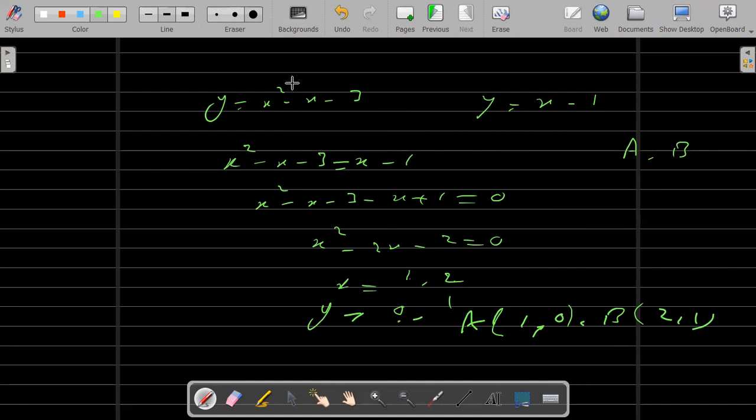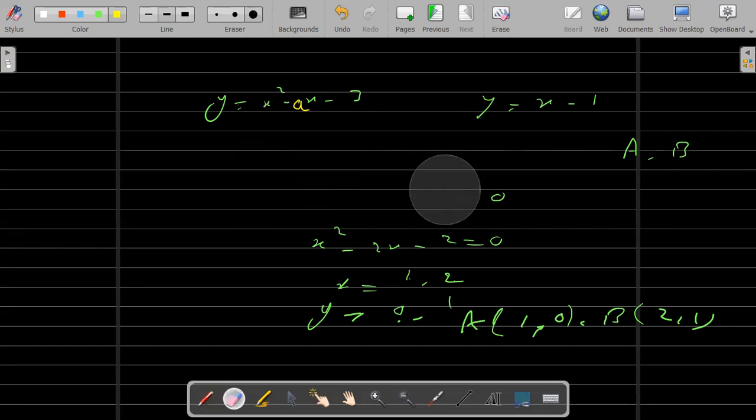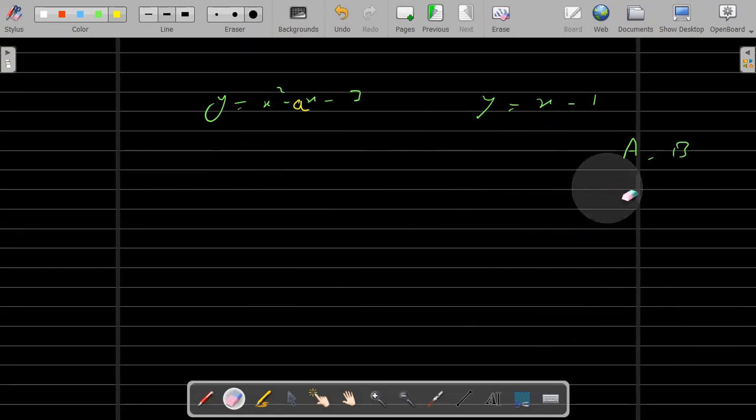Okay, sometimes, let's say I'm changing the question, he says the curve and line, with a here, are intersecting at one point, and find the value of a. So this is my question: find the value of a if the curve and line intersect at one point. Again, you have to combine both.